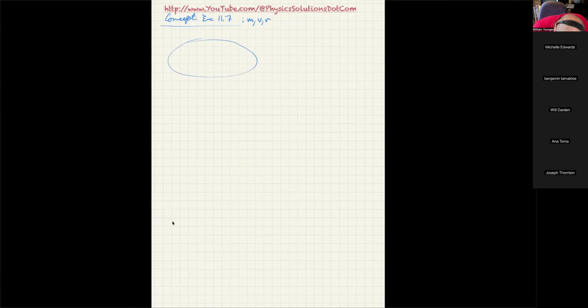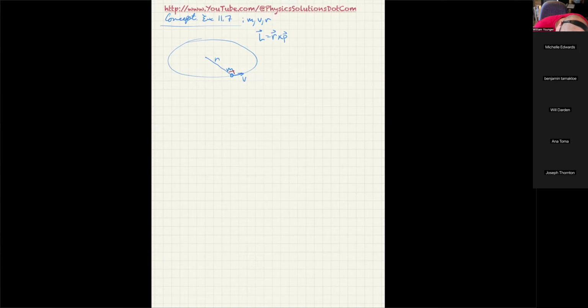What we're saying is this is a particle of mass m. The radius of the circle is r, and the velocity is v. So L is equal to r cross p is the angular momentum. And in this case, since it's an actual circle, that means that the r and the v are perpendicular.